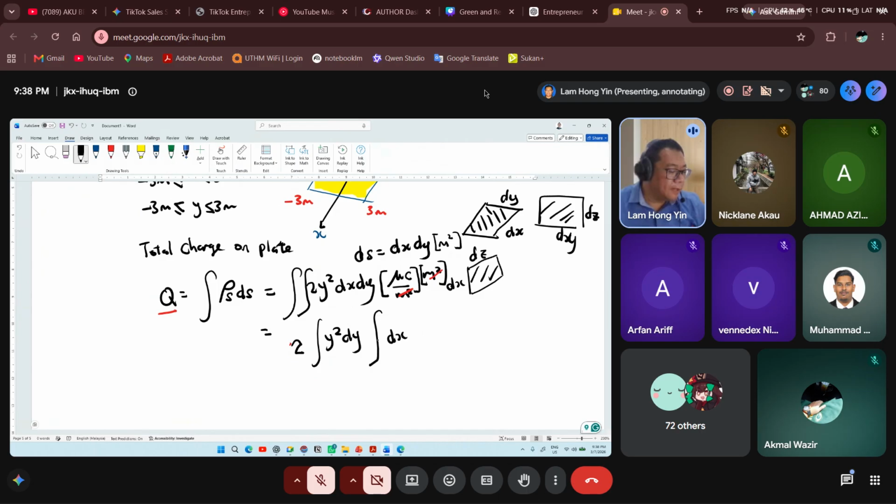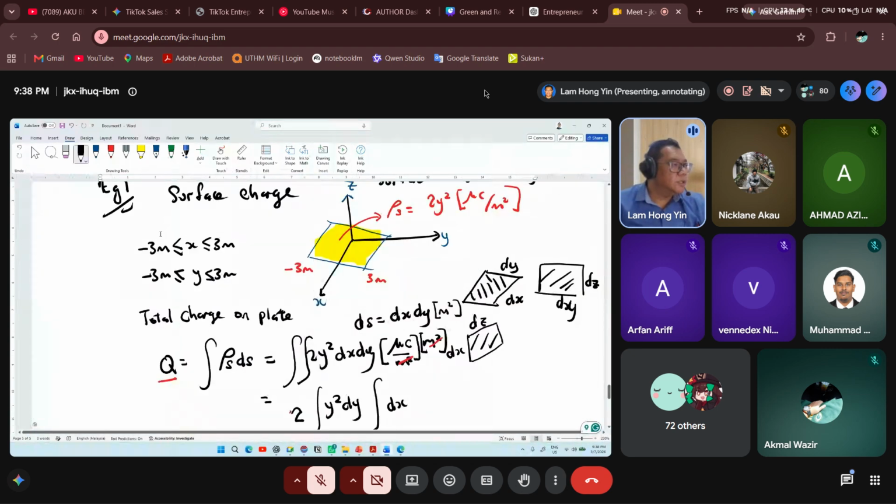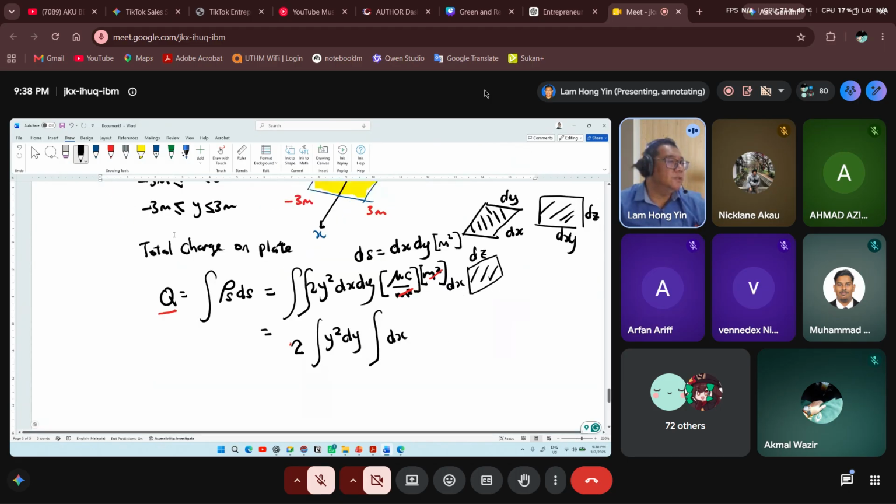How much you need to integrate depends on your x and y, because in the question they mention your x is -3 to 3, so you integrate from -3 to 3, right? Also, you integrate your dy from -3 to 3 because it's the same.